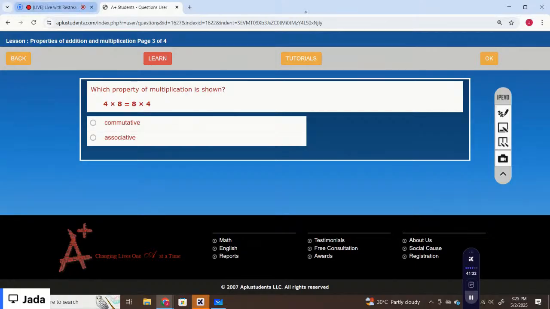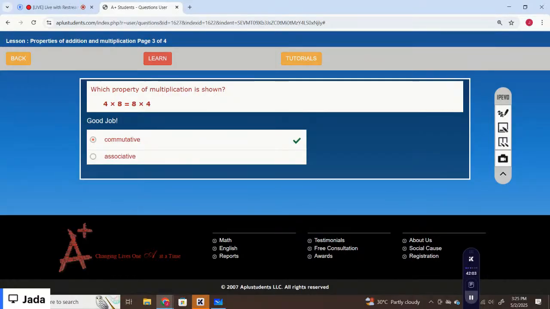Which property of multiplication is shown? 4 times 8 equals 8 times 4. That is the commutative property.